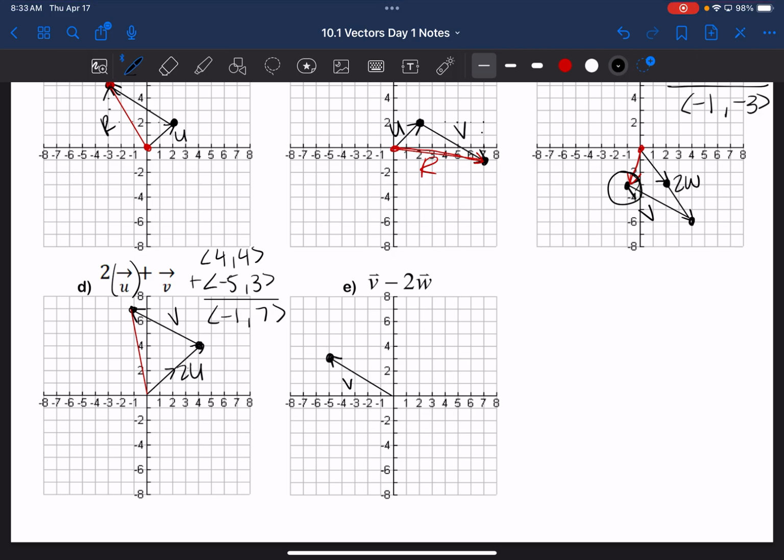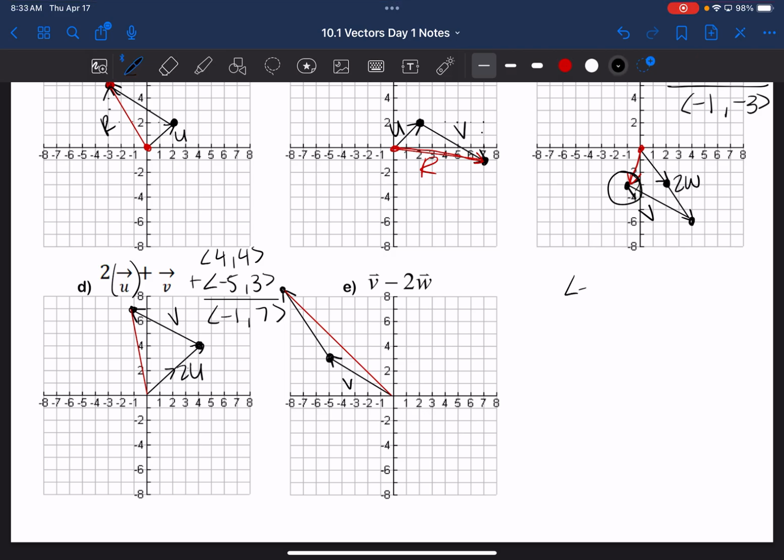If I double that, it becomes (4, -6), right? And I'm going to go in the opposite direction. So instead of going right 4, I would go left 4. And instead of going down 6, I would go up 6. Good. Which puts me kind of right off the edge of our graph here. All right, and then our shortcut would be here.